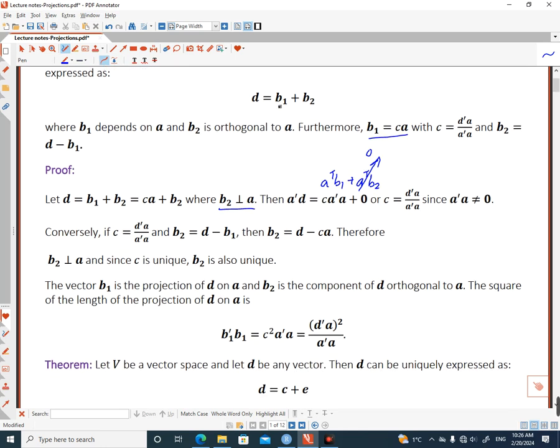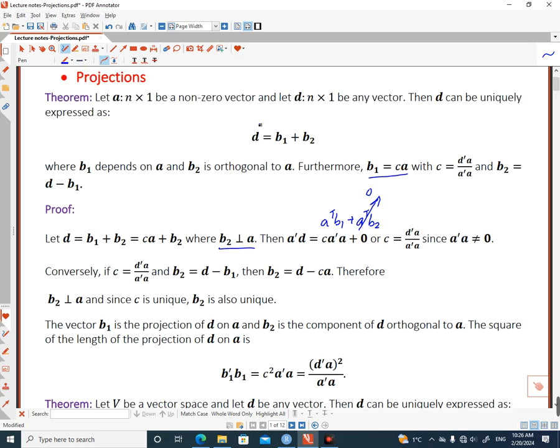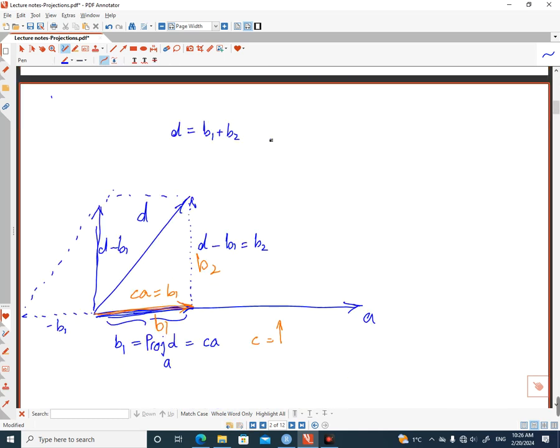But the application of this theorem is very important. For any vector D, you can do a projection onto a specific vector, and then we will see that in a space that is generated by the columns of a matrix, we need such a projection, because we have columns in a matrix.